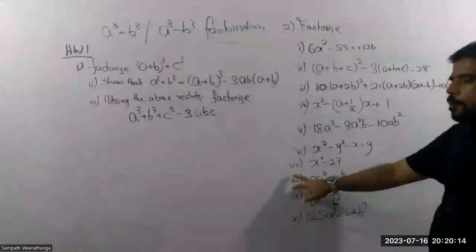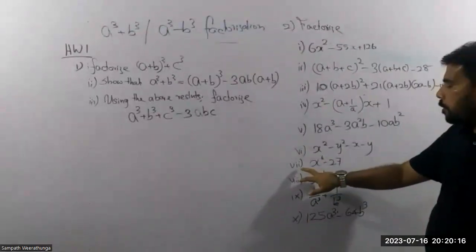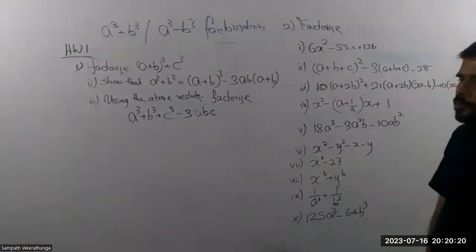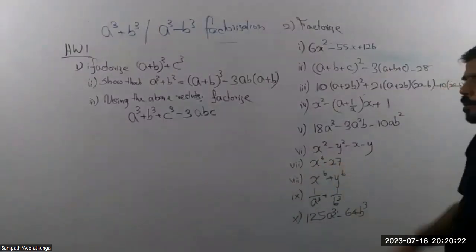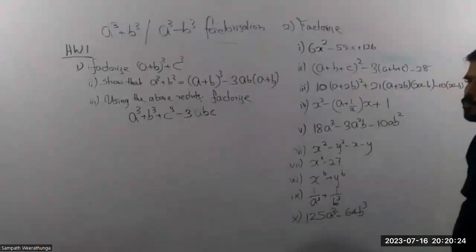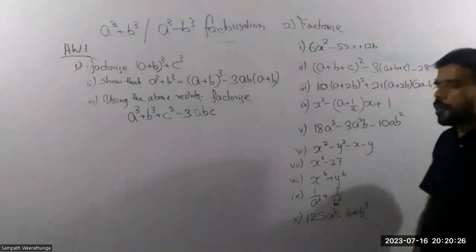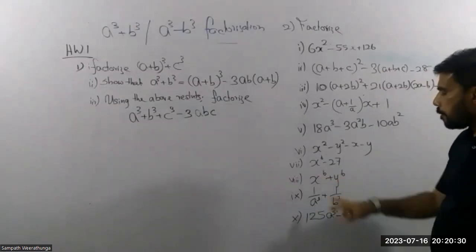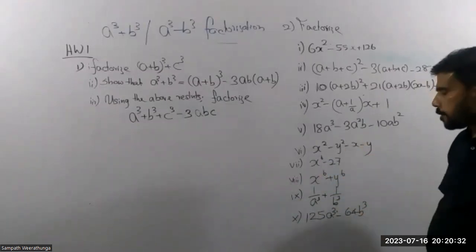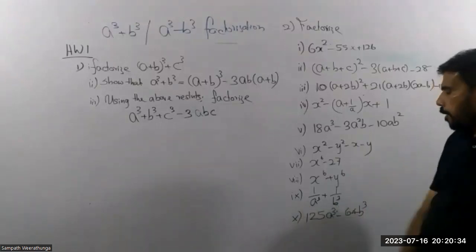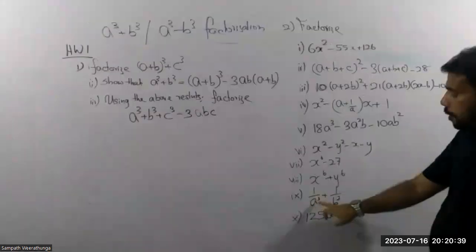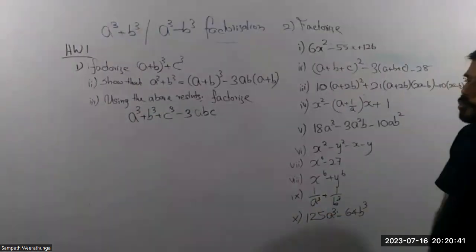Next, the seventh one, x to the power 6 minus 27. All right. Then the eighth one, x to the power 6 plus y to the power 6. The ninth one, 1 over a cube plus 1 over b cube.